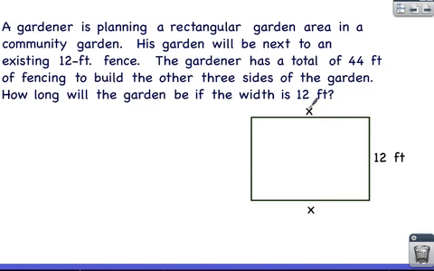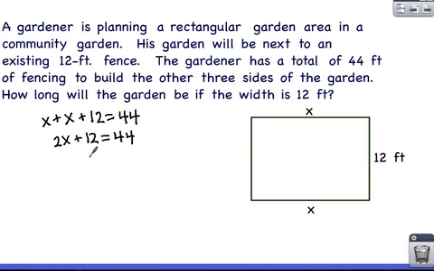So we know that x plus 12 can equal up to 44 feet of fencing. And in order to make the biggest garden possible, he'll use all 44 feet. x plus x is 2x.